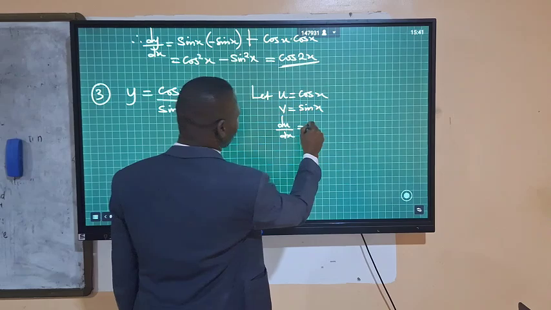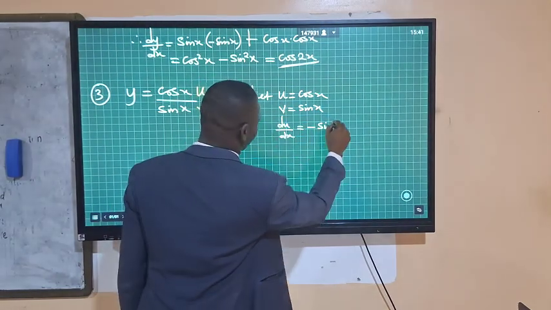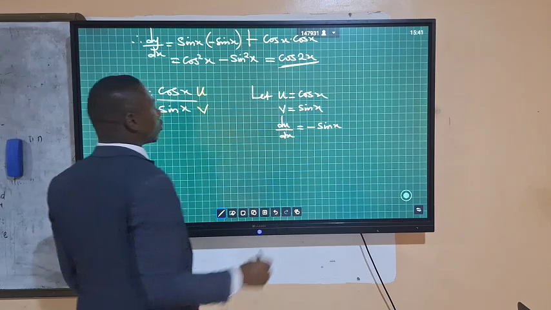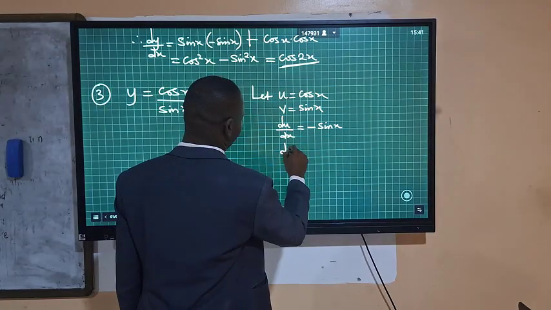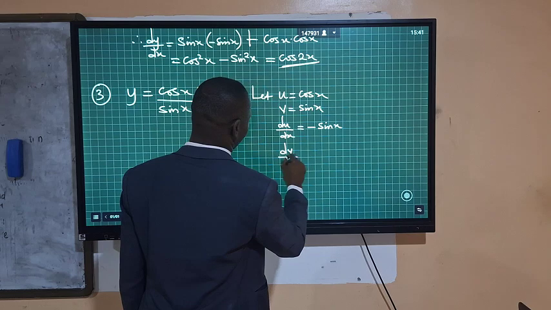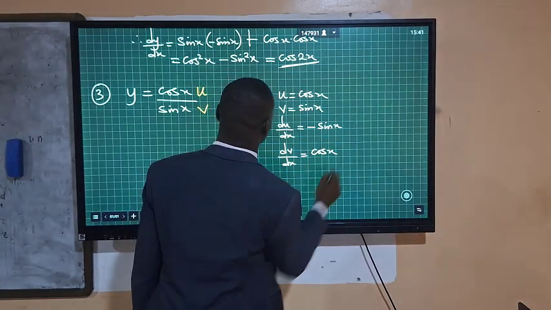If you do that, we have minus sin x. So when we differentiate v with respect to x, we have cos x.